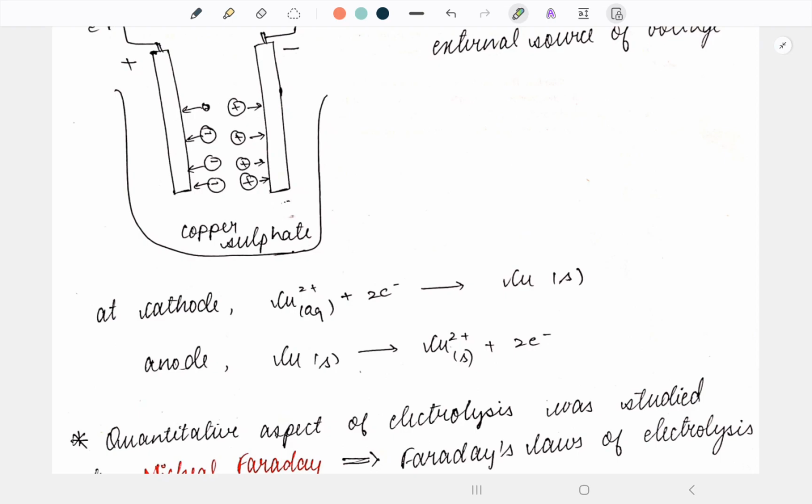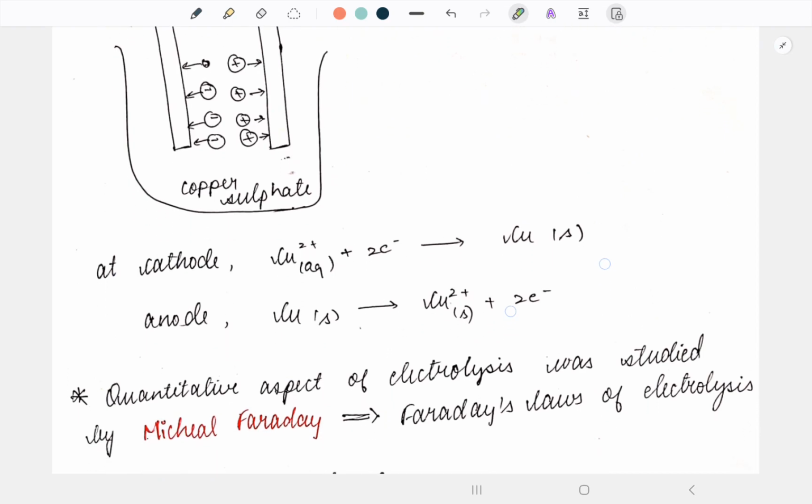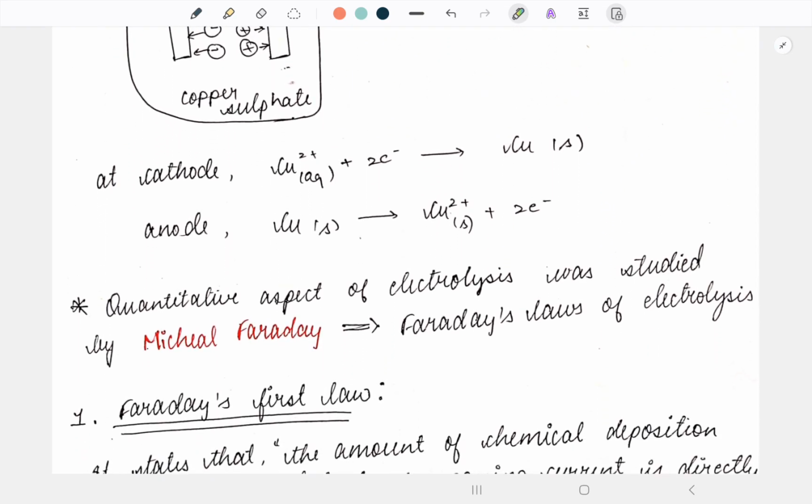Metals like Na, Mg, Al are produced on a large scale by electrochemical reduction of their respective cations where no suitable chemical reducing agents are available for this purpose. Now let us study the Faraday's laws of electrolysis. Basically the quantitative aspect of electrolysis was studied by Michael Faraday, and his laws are known as Faraday's laws of electrolysis.